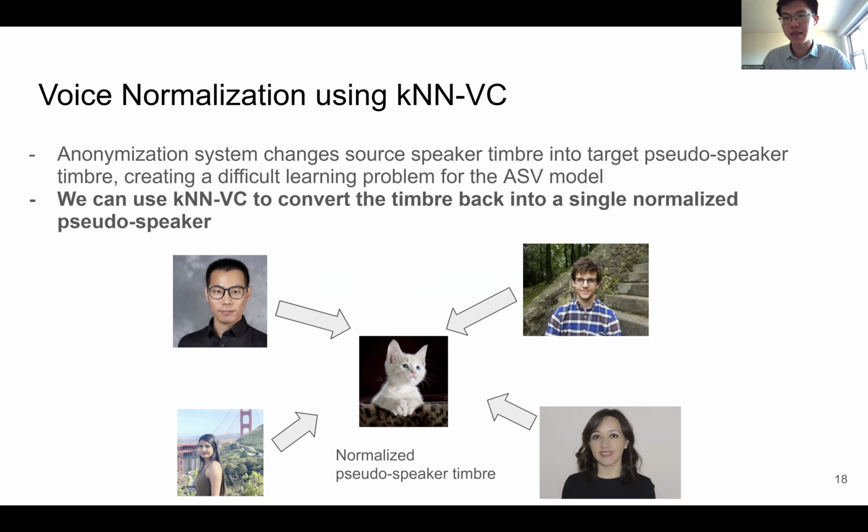And by doing this, we obviously cannot recover the timbre of the actual source speaker. But what we can do is to remove timbre from the equation. So now, at least the model sees every speaker as having the same timbre, and therefore it has to focus more on the other aspects of speech, such as speaking style, accent, and all that kind of stuff, which can often leak through the anonymization system and can be used to recover the true speaker identity.